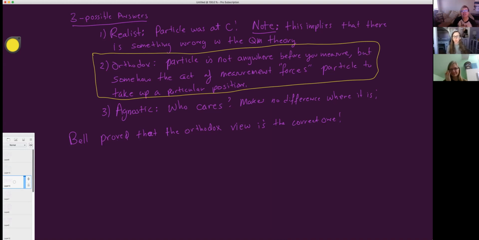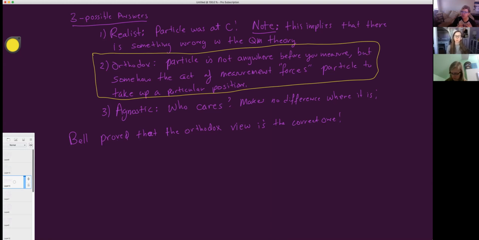But certainly it doesn't have a position. And we'll see that there are many other properties that it doesn't have. There are some properties that it really does have, and we'll be going over what distinguishes the two kinds of properties.